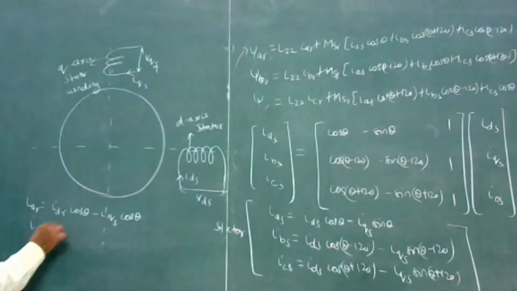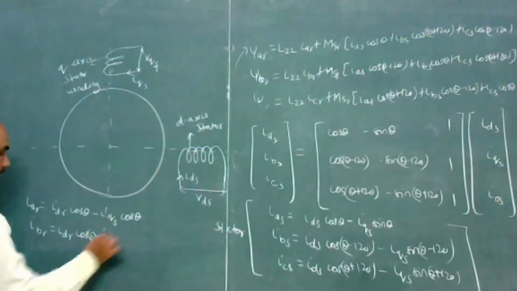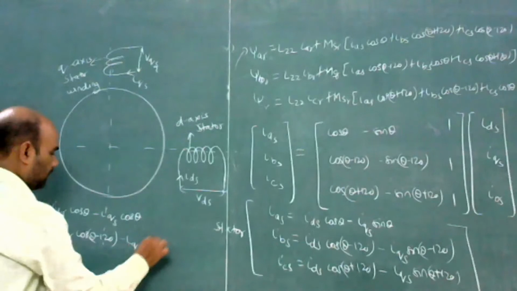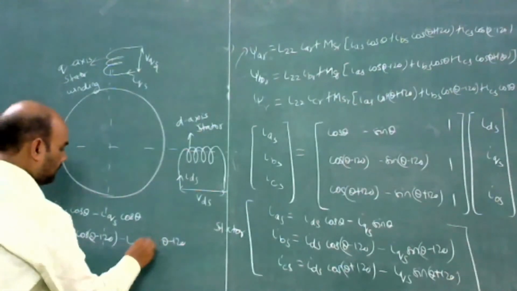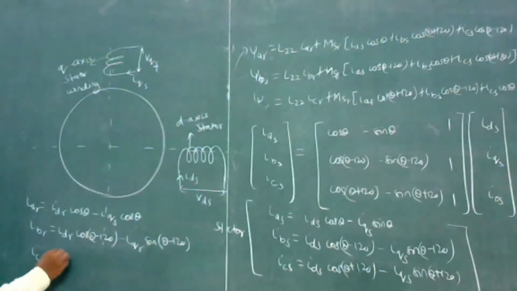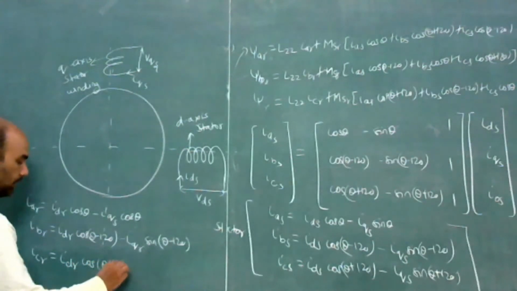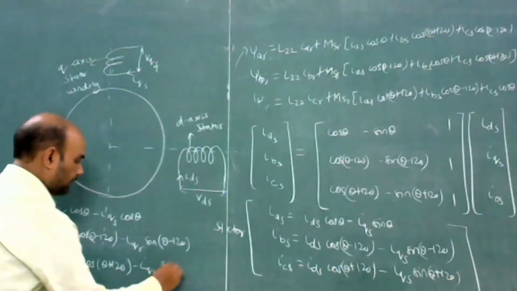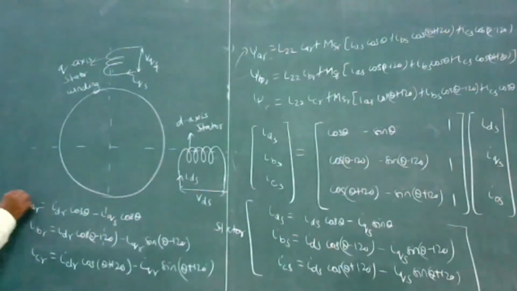IBR will be equal to IDR cos theta minus 120 degrees minus IQR sin theta minus 120 degrees. ICR is equal to IDR cos theta plus 120 degrees minus IQR sin theta plus 120 degrees. This is for the rotor.